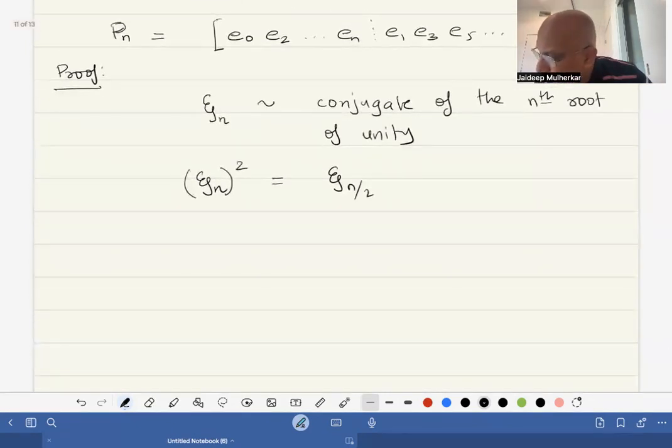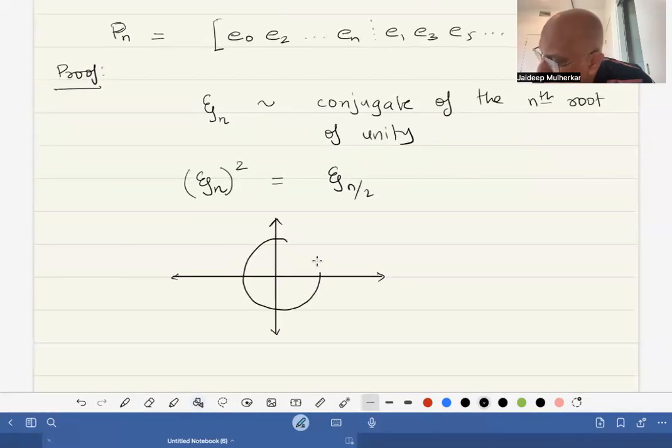Now, if I just draw a picture over here, let me draw a circle. This is the unit complex circle, right? Let me draw a circle a little bigger.